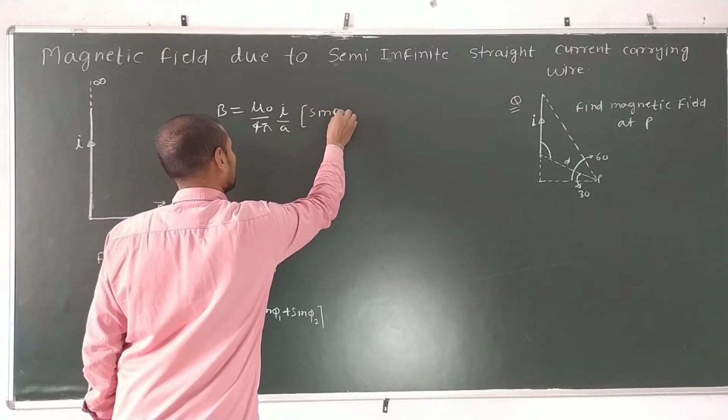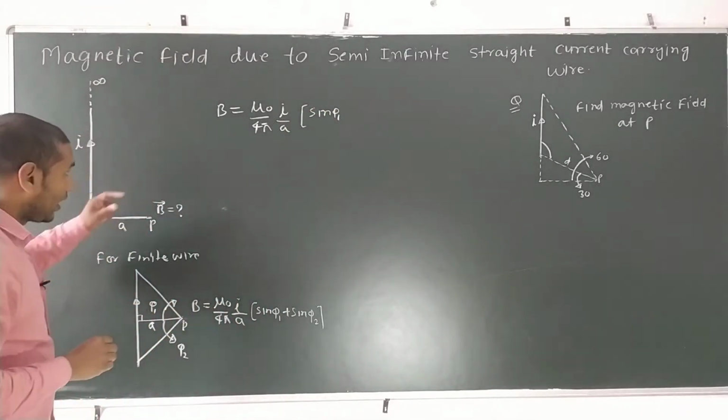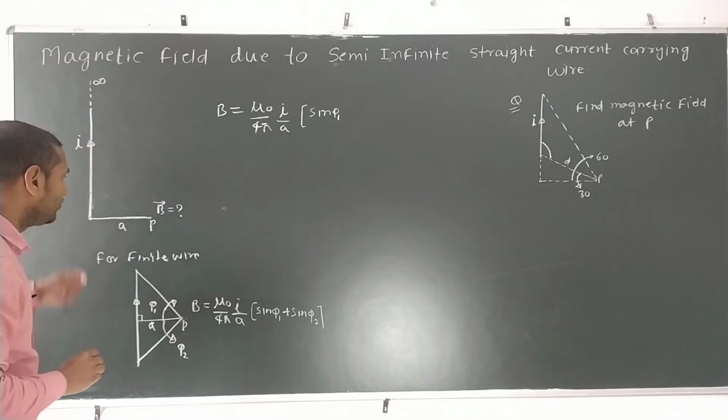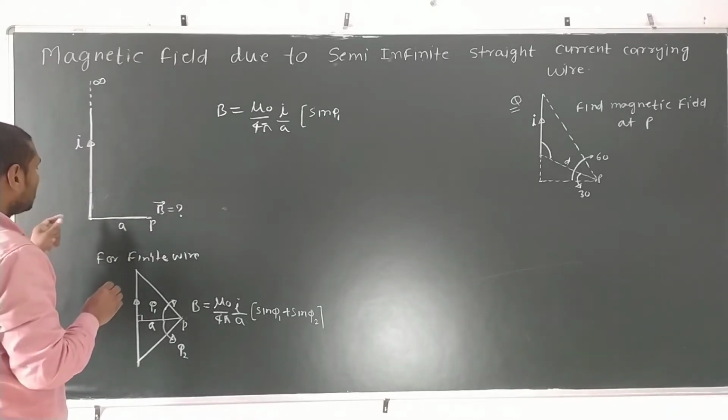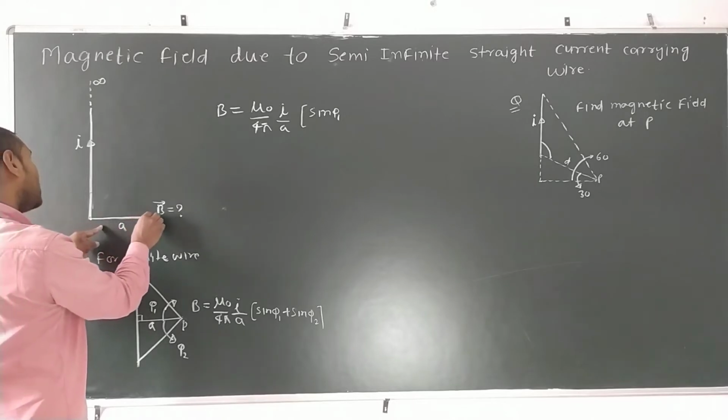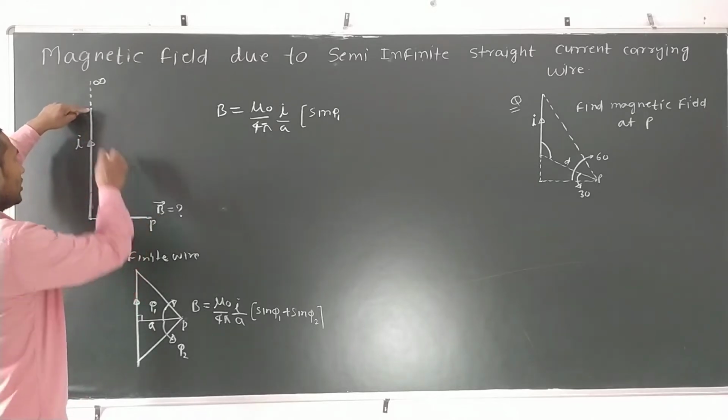What is the value of phi 1? Phi 1 is nothing but the angle between the perpendicular A and the line joining.